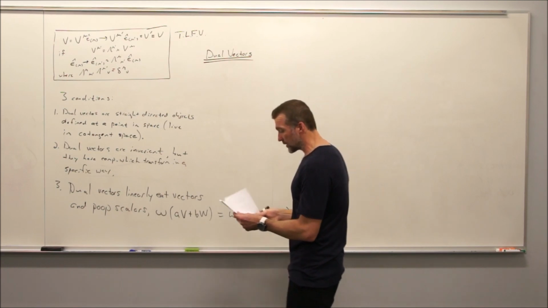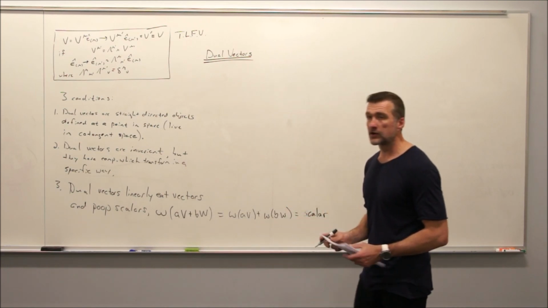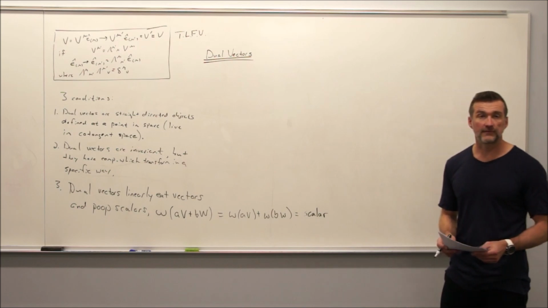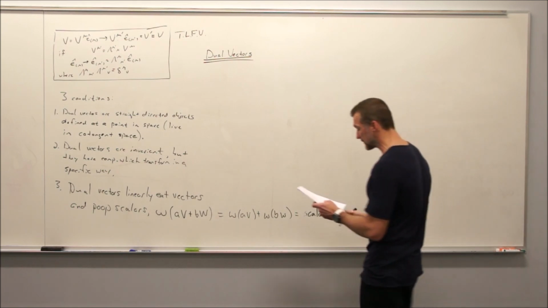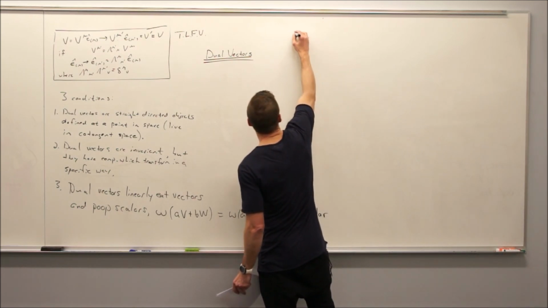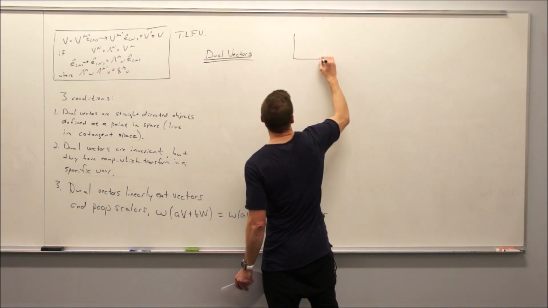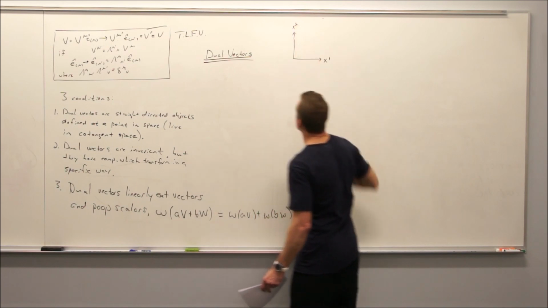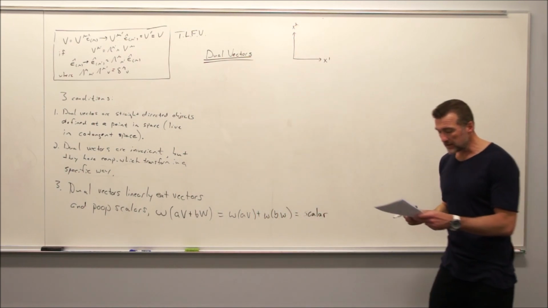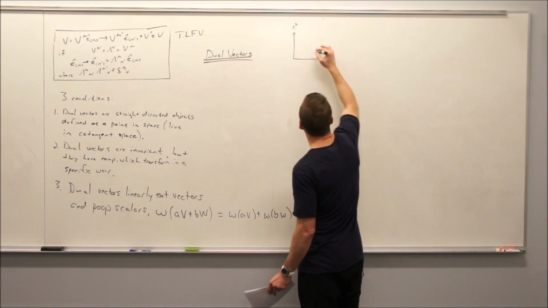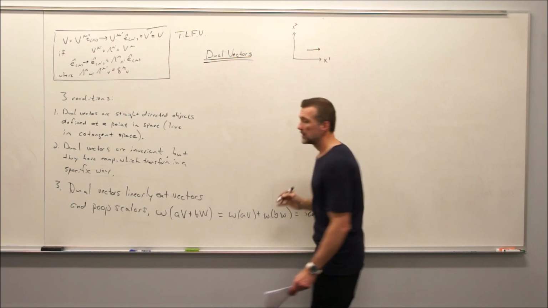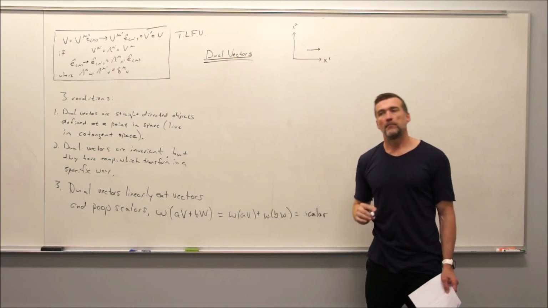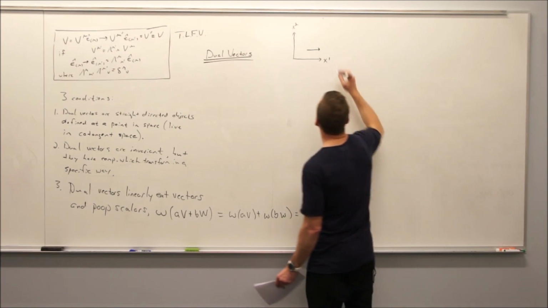Okay, so now we are going to blaze through an argument that's very similar to what we did for vectors. I'm going to use slightly different symbols. So let's start by coordinatizing the space. And then I'm going to introduce a set of coordinate-adapted dual basis vectors.